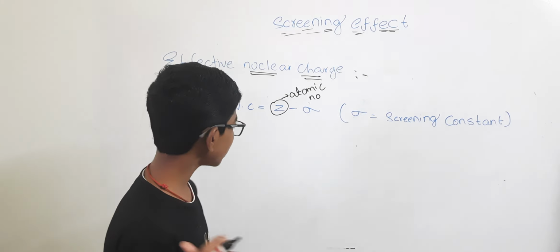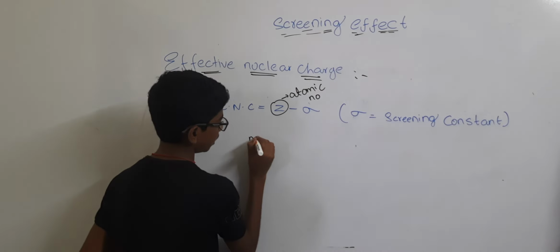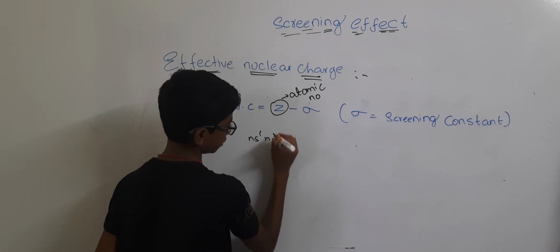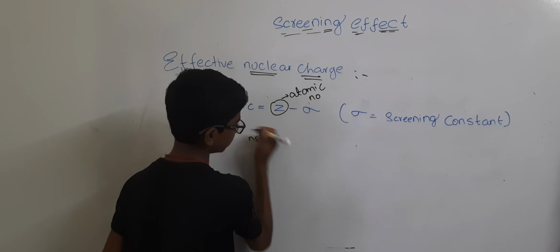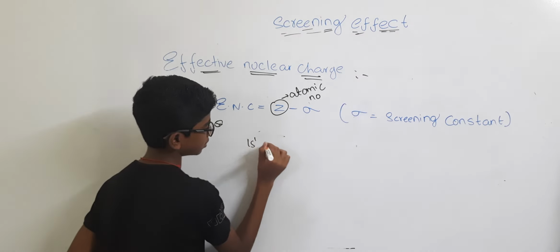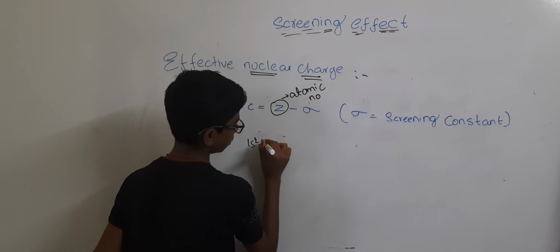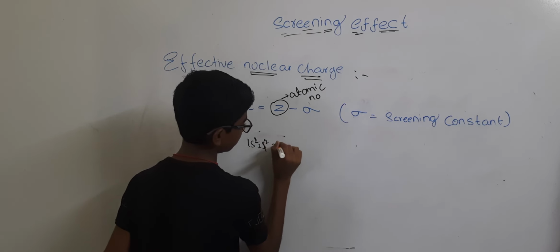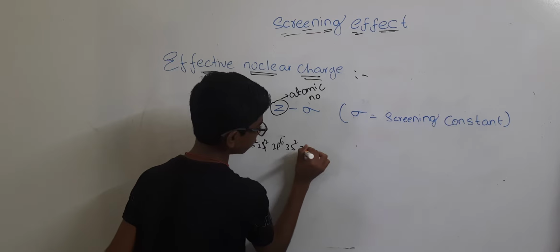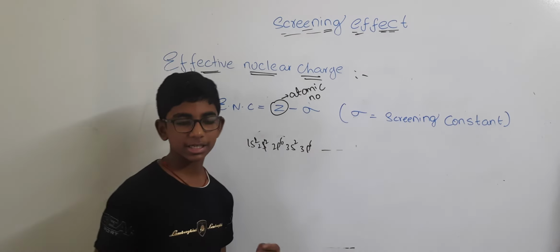Okay, suppose you take an atom. It is very simple. Suppose you have to find the screening constant of some electron. For that electron, we have to write the configuration of the element, like 1s1, 1s2, 2s2, 2p6, 3s2, 3p6, and so on, like ns2, np6 and d10.